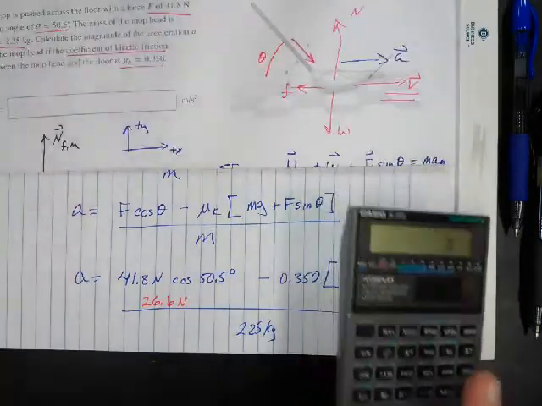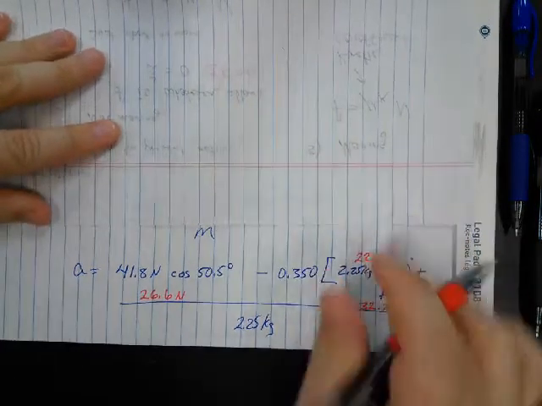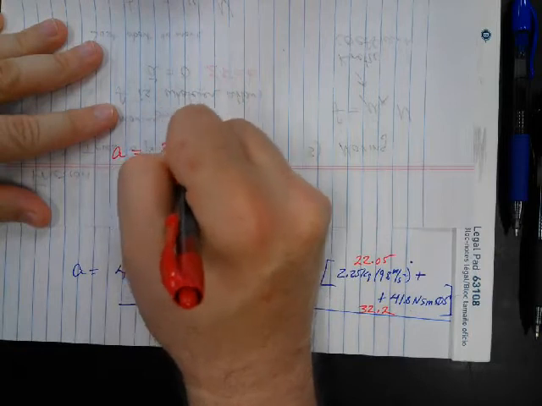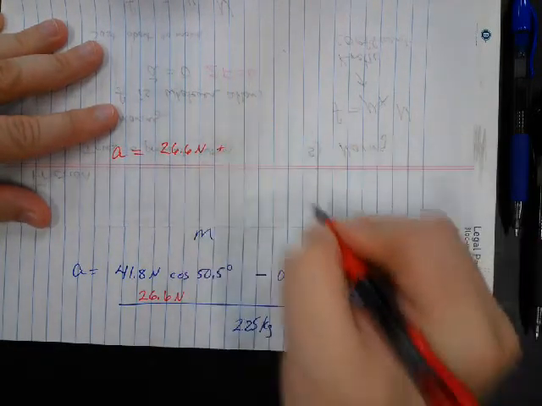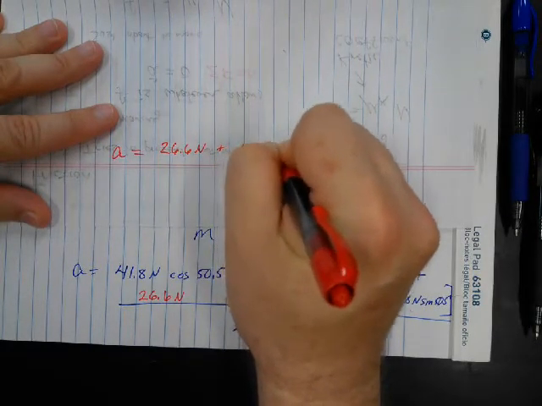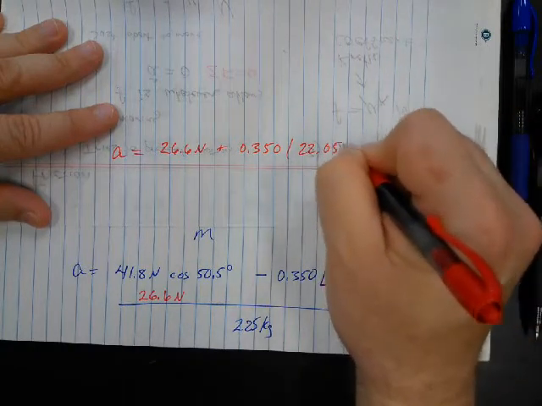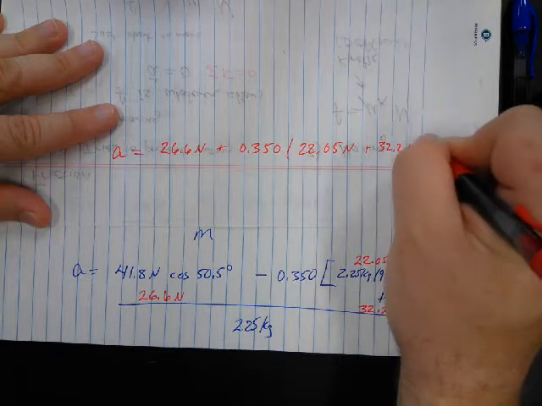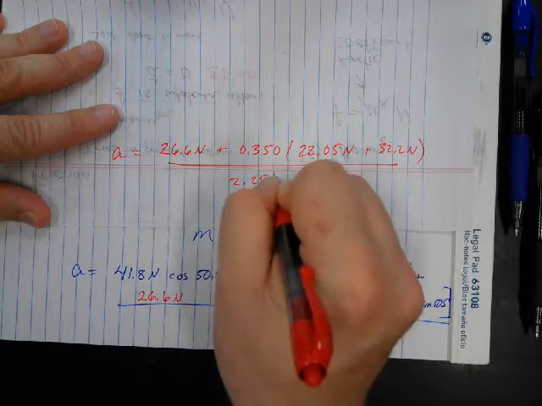So our acceleration looks like this term, and then 0.350, 22.05 newtons plus 32.2 newtons over 2.25 kilograms.